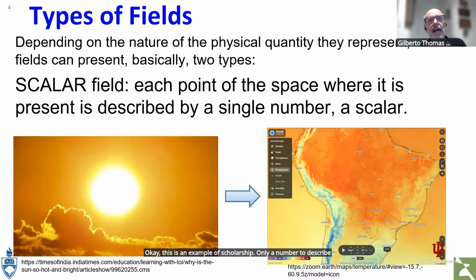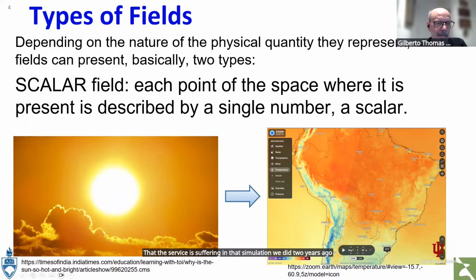The other field we have studied that is a scalar field, we didn't use these words at that time, is the pressure that the cell is suffering in that simulation we did 2 years ago.